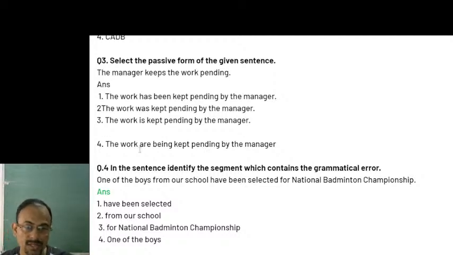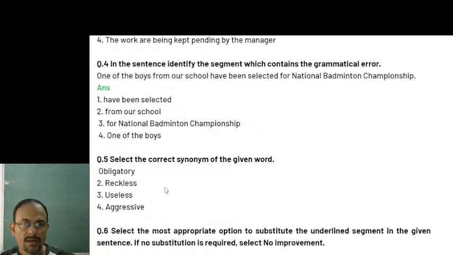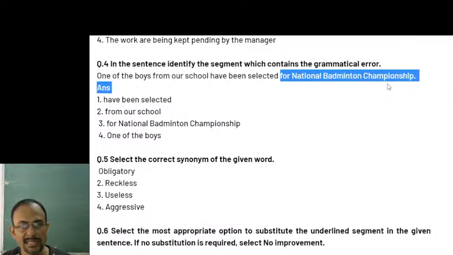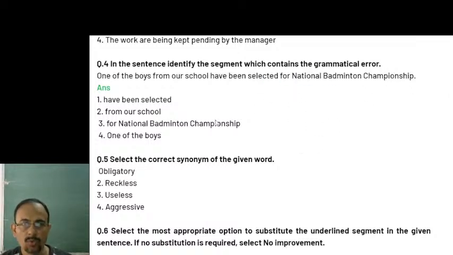Next, in the sentence, identify the segment which contains the grammatical error. Okay. So one of the boys from our school have been selected for national badminton championship, right? So which part do you think is wrong in this question? Is it have been selected?